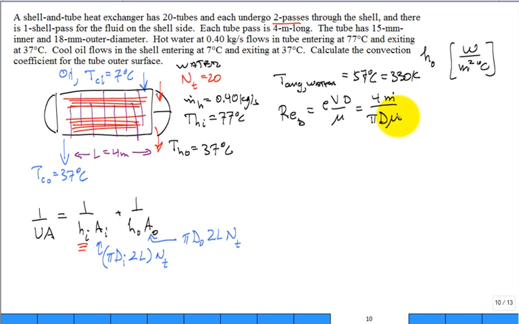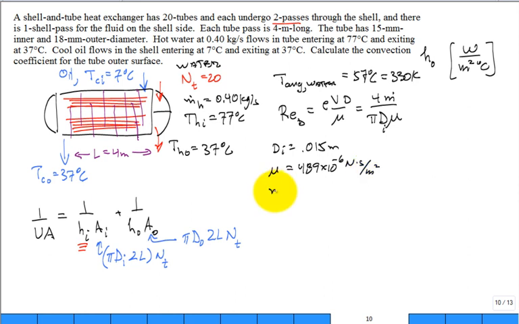Now, somebody says, I know the diameter inside, that's easy. That was 15 millimeters, 0.015 meter. I need to get the viscosity of the water at 330 Kelvin, 489 times 10 to the minus 6 units of Newton second per meter squared.